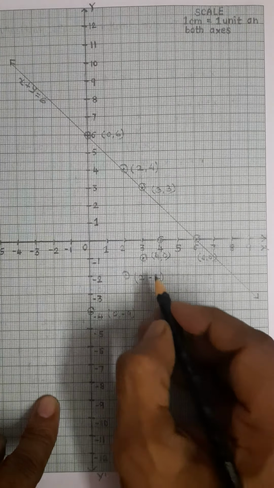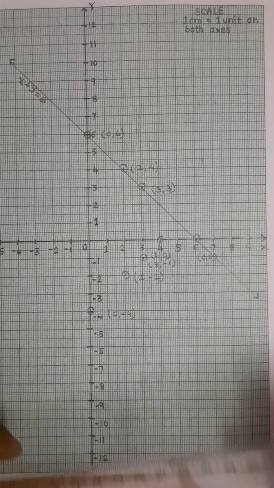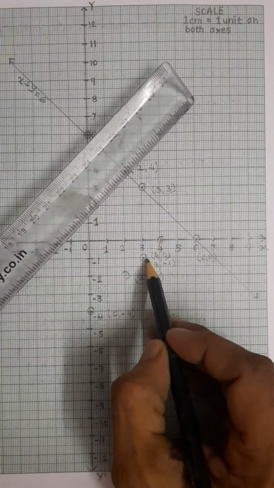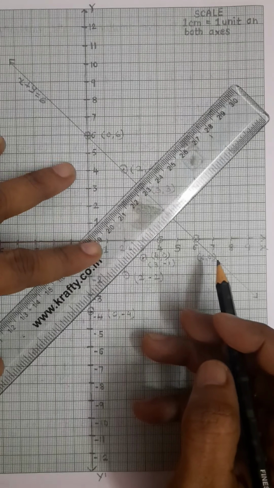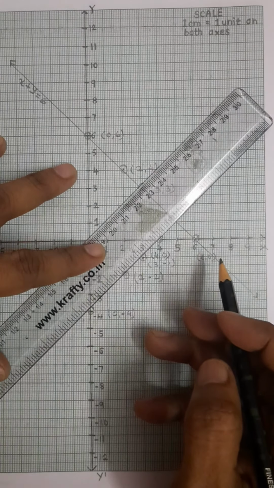Like this, we got 4 points. Now these 4 points, 1, 2, 3, 4, are all collinear. Passing through these 4 points, draw a line and draw the graph of the equation.